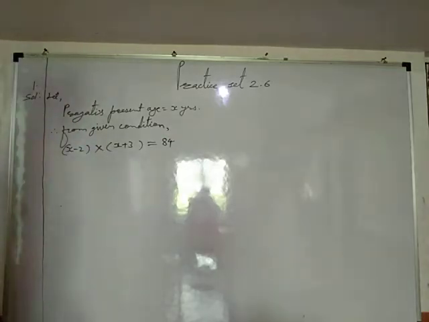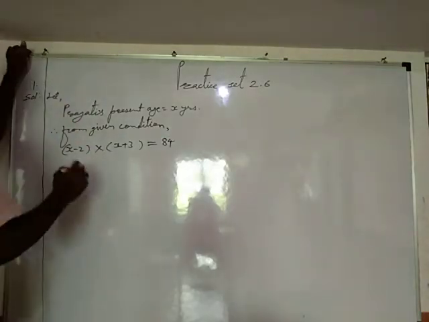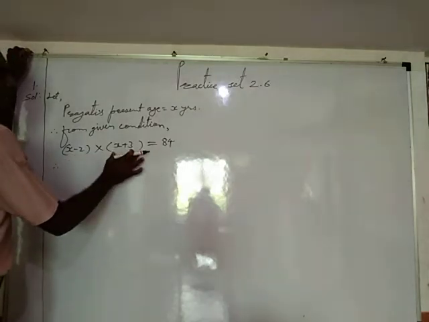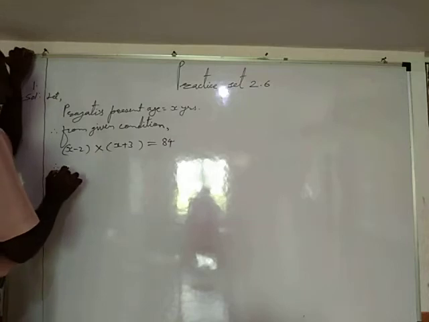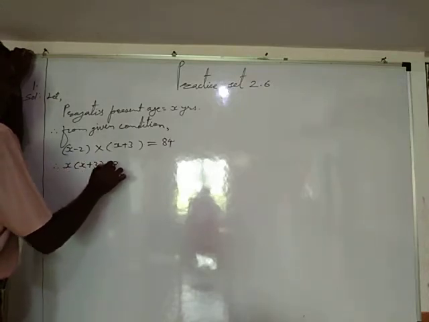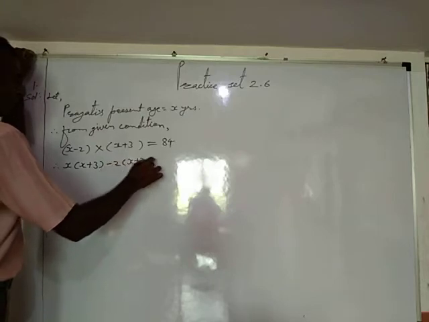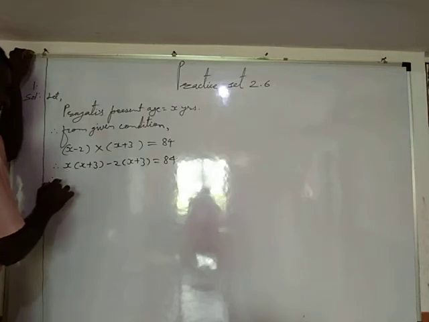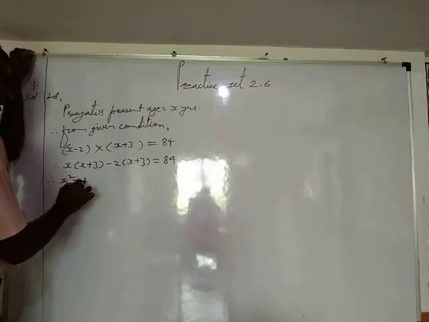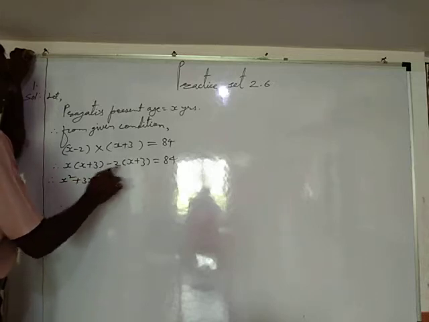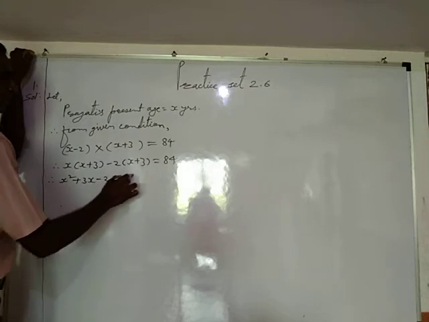Now let's simplify this equation, and therefore every term of first bracket must be multiplied with every term of second bracket, and therefore we get x into x plus 3 minus 2 into x plus 3 equal to 84, and therefore x into x gives us x square, x into plus 3 gives us plus 3x, minus 2 into x gives us minus 2x, minus 2 into 3 gives us minus 6.